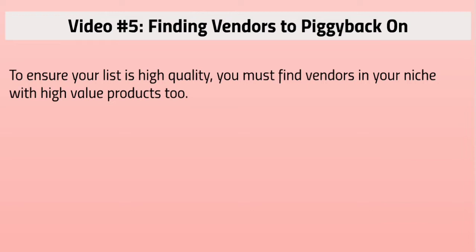That doesn't always mean the case, but typically, if you look at certain vendors, you'll notice that they attract a certain type of person. So you want to make sure that you attract the customer that can resonate with them, but also resonate with you. If they're the type of person that are looking for high quality material and they're willing to pay for high quality material, that's the type of person that you want on your list.